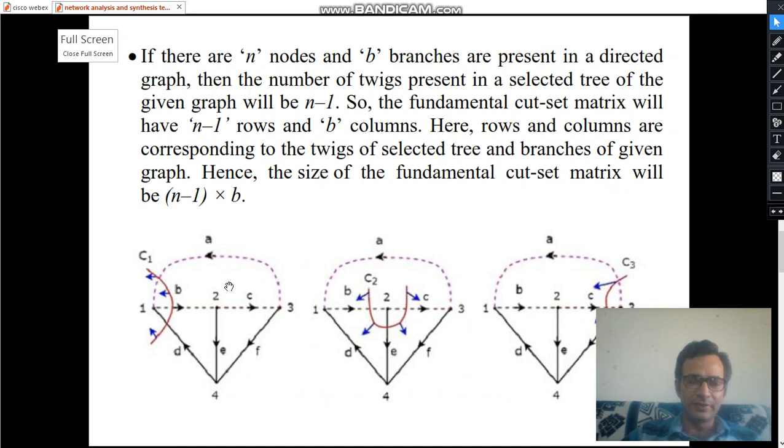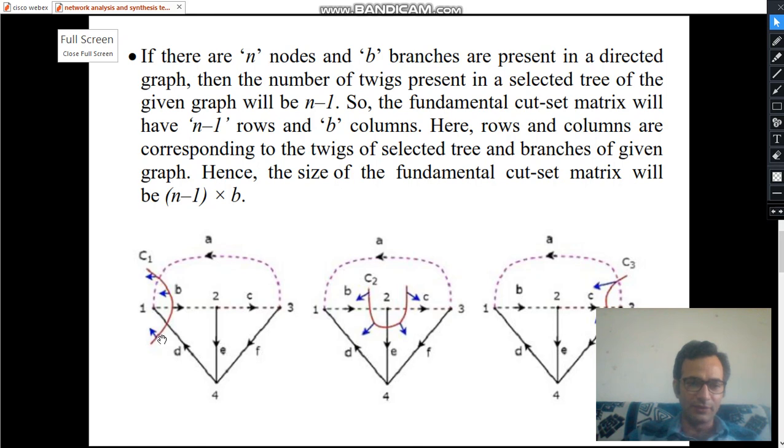So if I consider this particular tree, this is the whole graph and this is the tree. Corresponding to this particular twig, there will be a cut set like this. Corresponding to this, there will be a cut set like this. Corresponding to this, there will be a cut set like this.